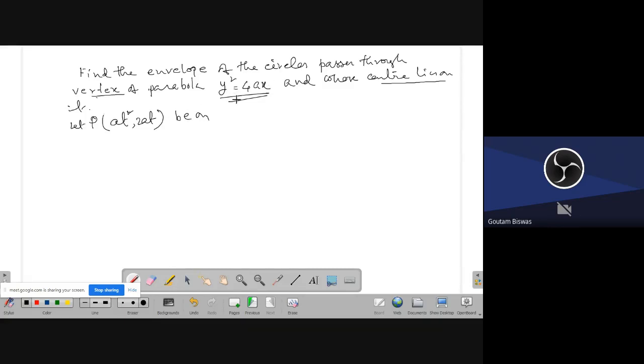The parabola's vertex is at 0, 0. All circles are passing through the vertex of this parabola. So the radius of the circle. Can anyone tell what the radius is?